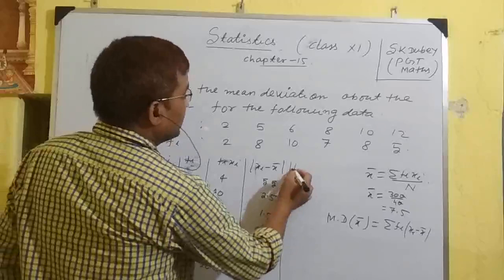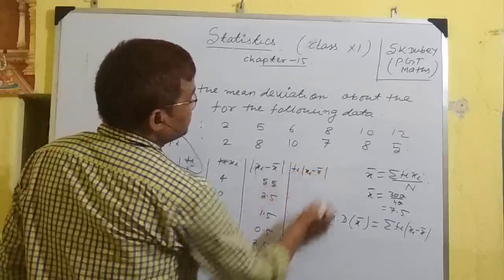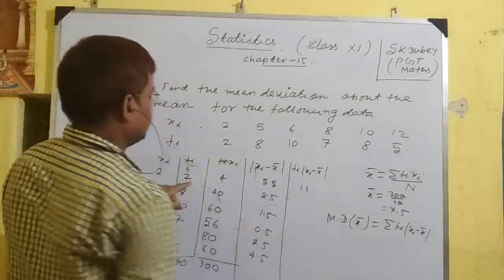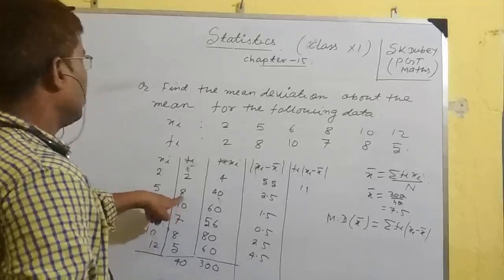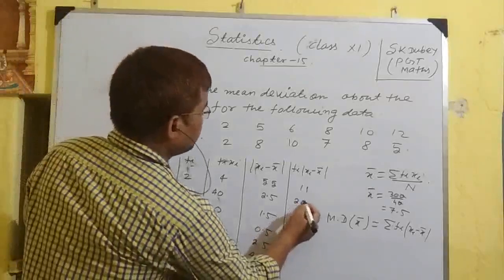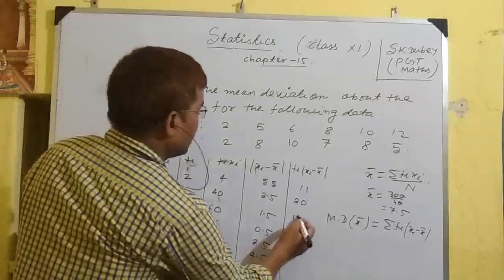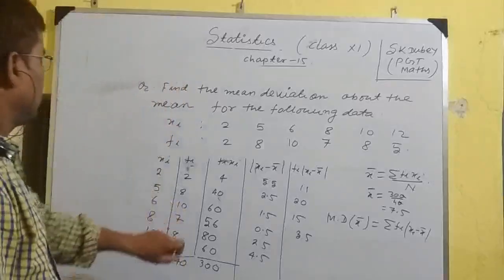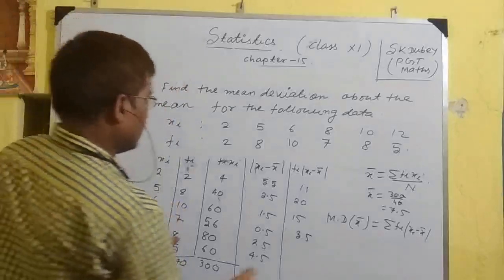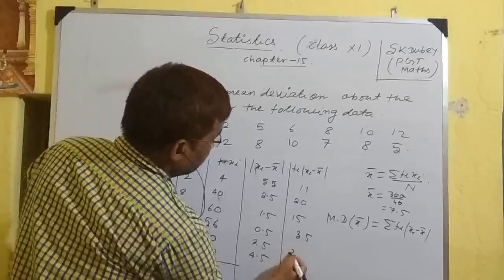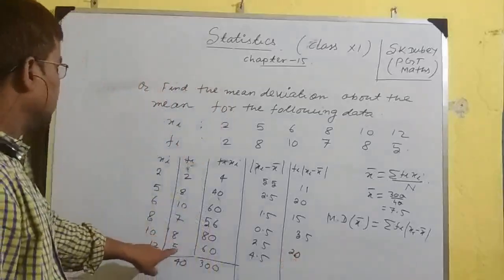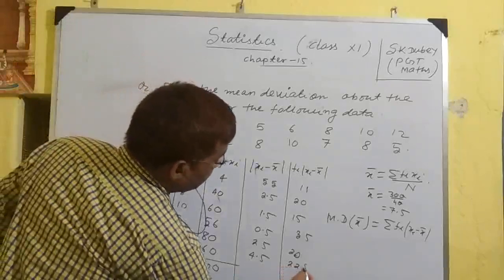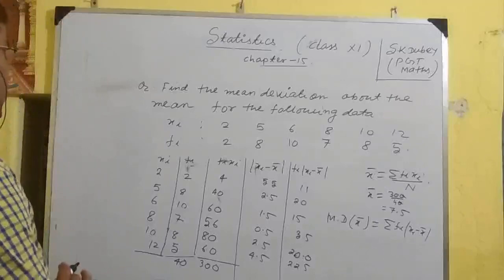Now I am going to calculate fi times modulus of xi minus x bar: 5.5 into 2 is 11, 2.5 into 8 is 20, 1.5 into 10 is 15, 0.5 into 7 is 3.5, 2.5 into 8 is 20, and 4.5 into 5 is 22.5.